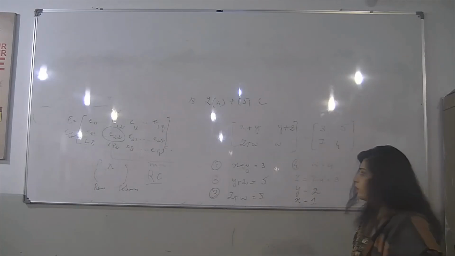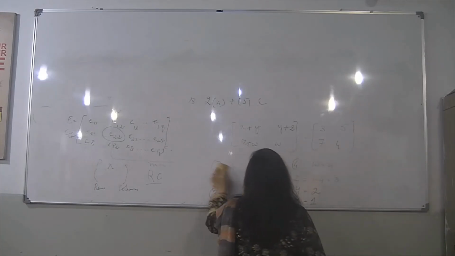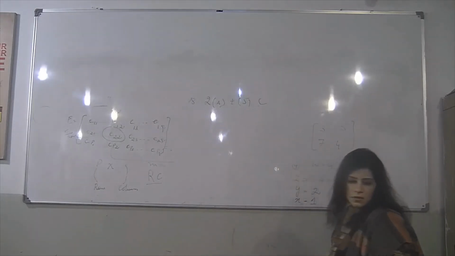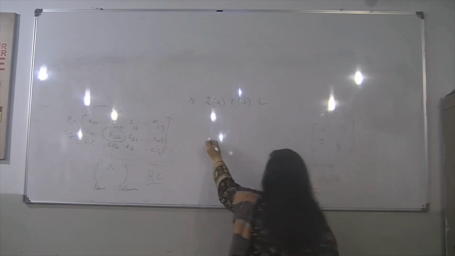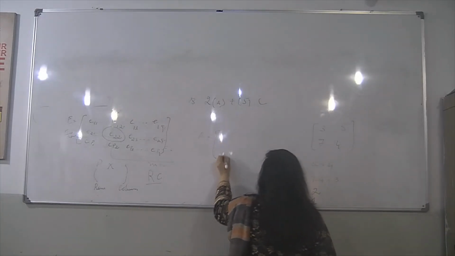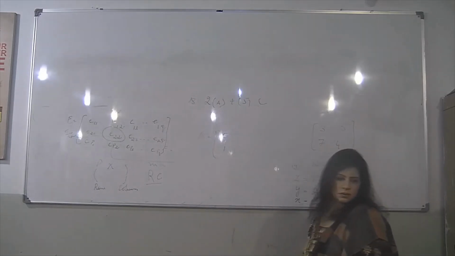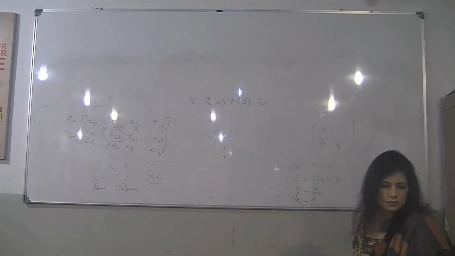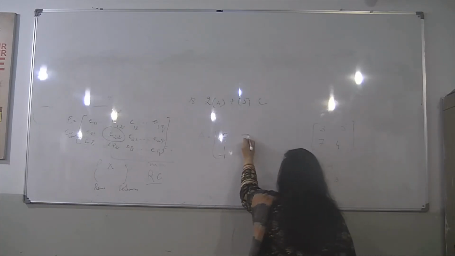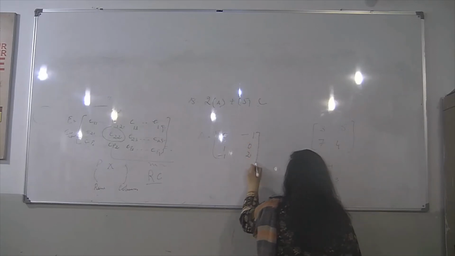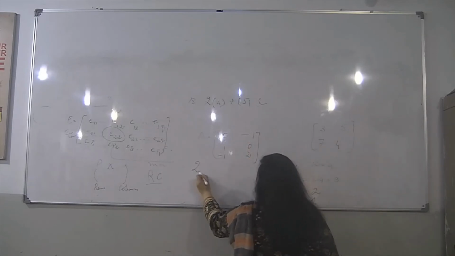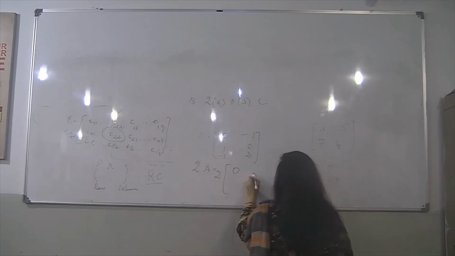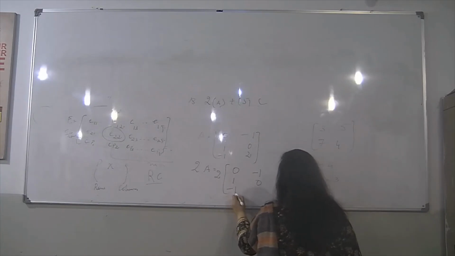For A, we have 0, 1, and -1, and we have -1, 0, 2. So first of all, we want to find 2A, which is 2 into 0, -1, 1, 0, -1, and 2.